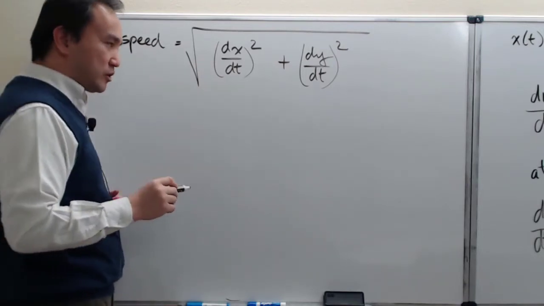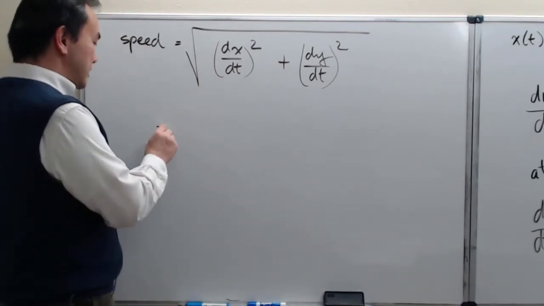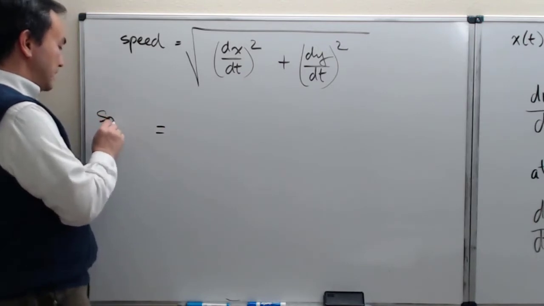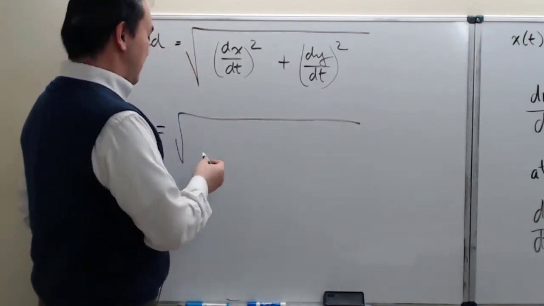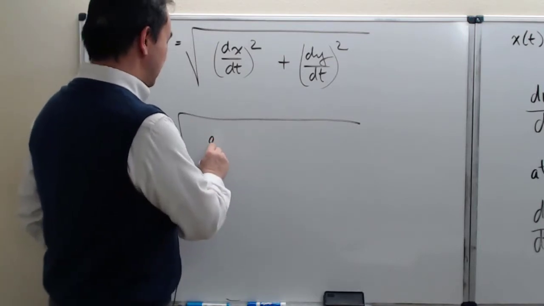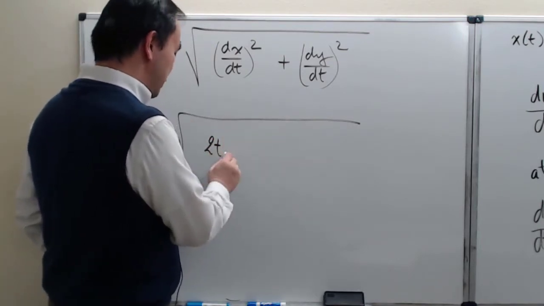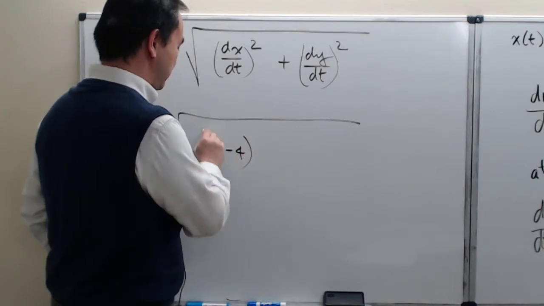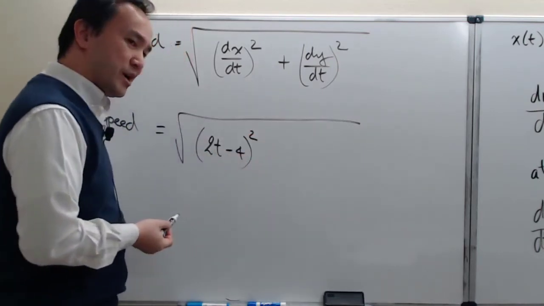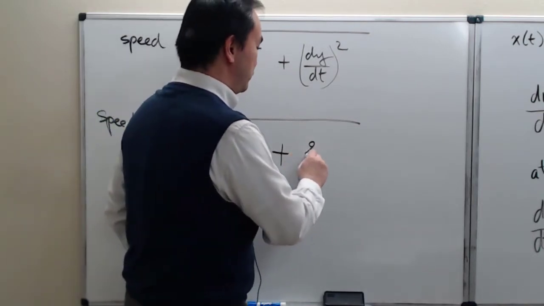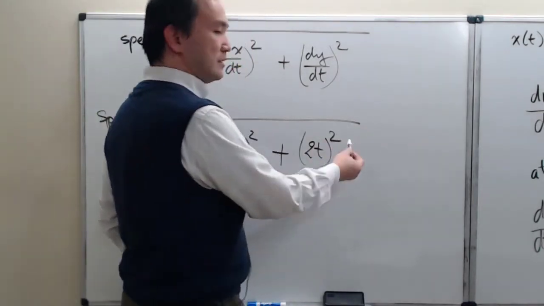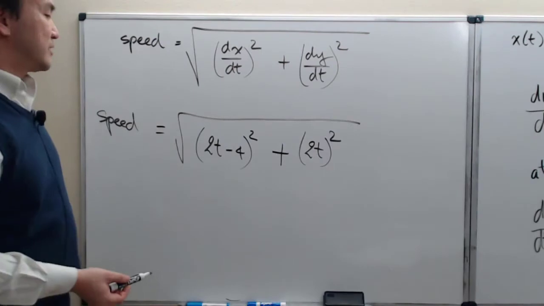Sadly, I also erased that on my other board, but I can still remember it. So speed here, as a general setup, is the square root of (2t minus 4) in parentheses squared, plus 2t all squared.